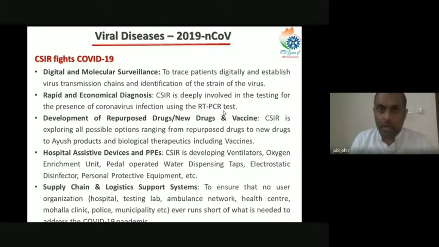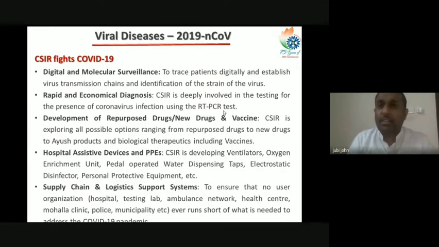We made 3 molecules which are being tested against COVID-19, and we will be giving them to pharma companies, along with the processes. The next one is the development of hospital-assisted devices and personal protective equipment.